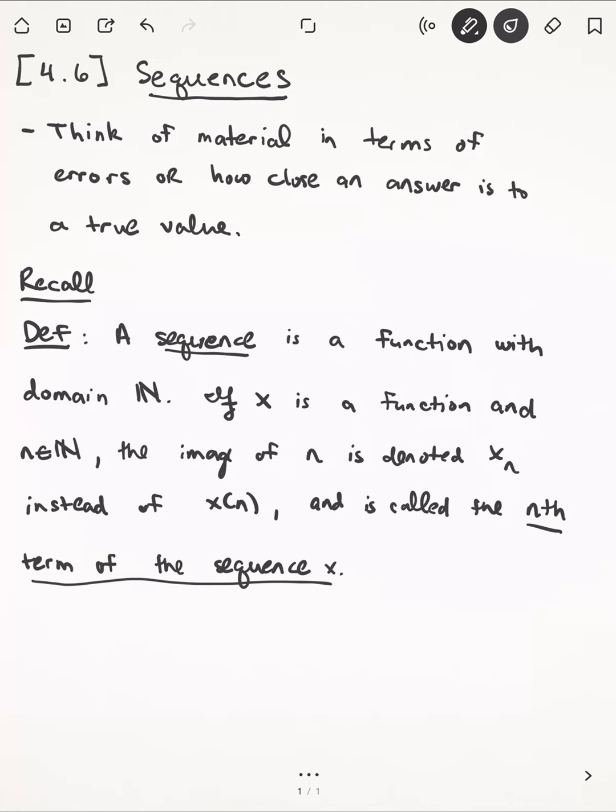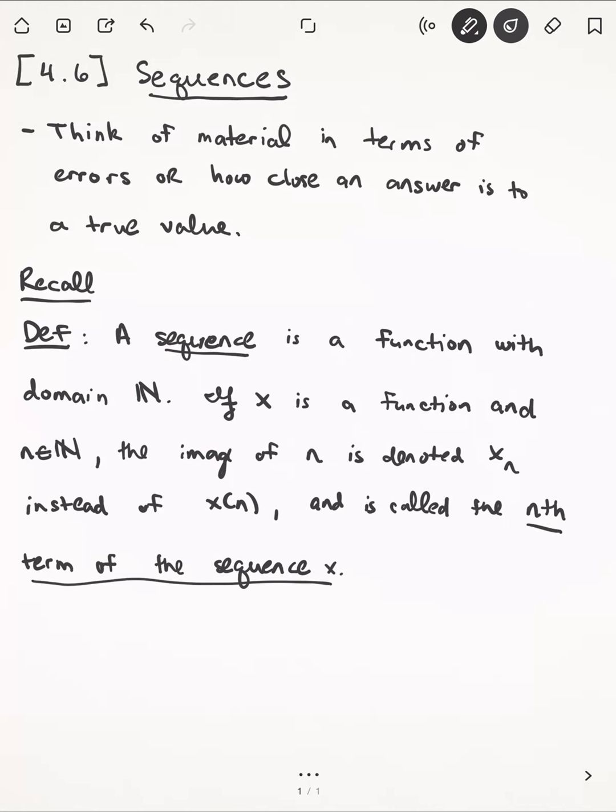So the image of n under the sequence x is going to be the nth term of the sequence x, right? At the very basic level, a sequence is simply a function whose domain is the natural numbers.